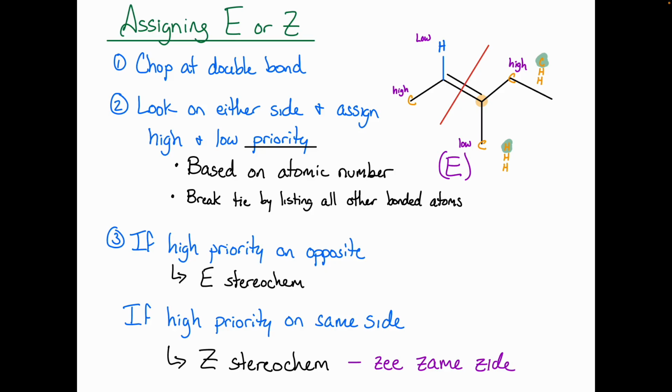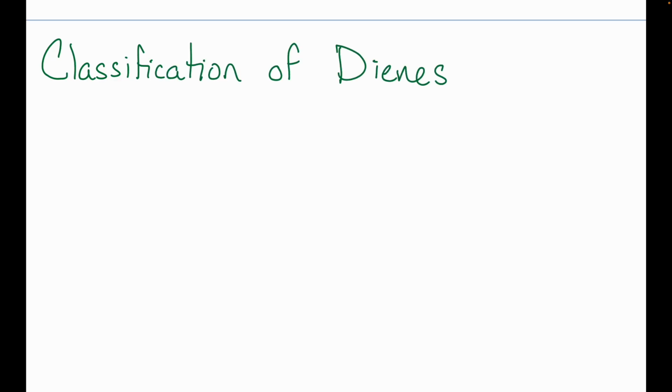All right, so now we're going to get to the other word here in the title of our chapter, our conjugated dienes. So it turns out that all the dienes in the world can be classified into one of three categories. So our classification of dienes here. All right, so we'll put down an example from each.